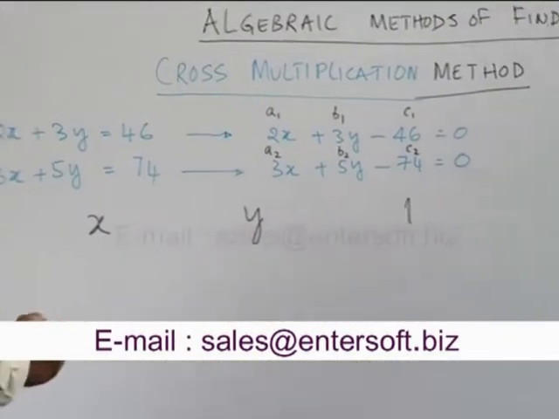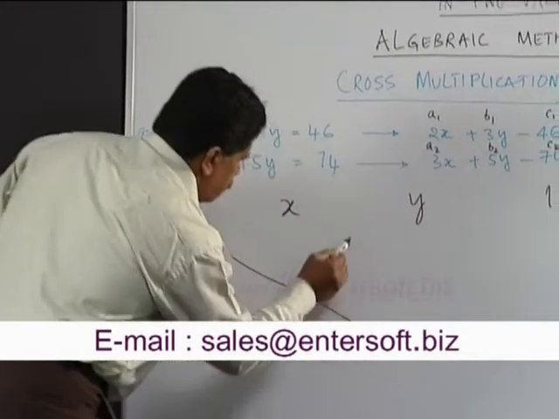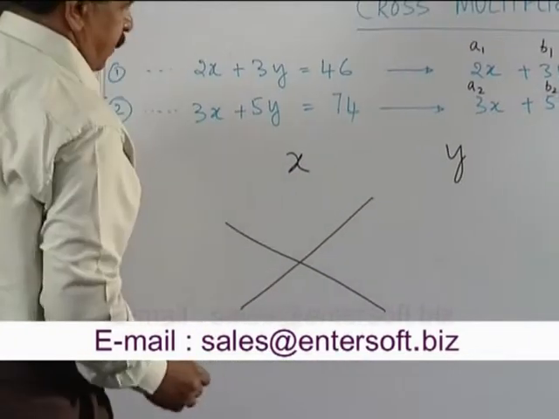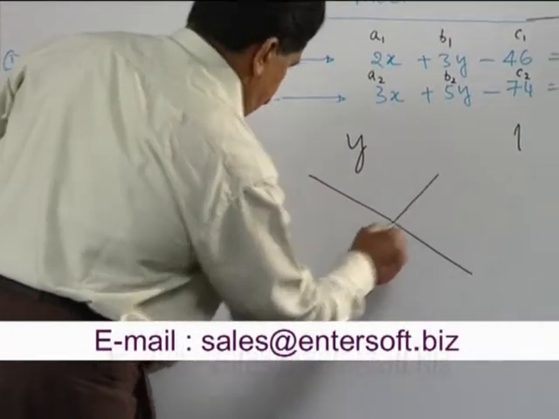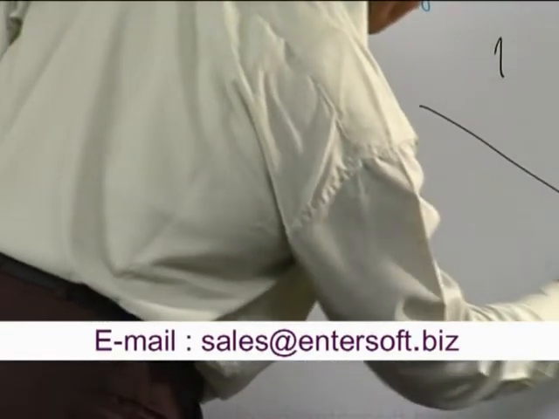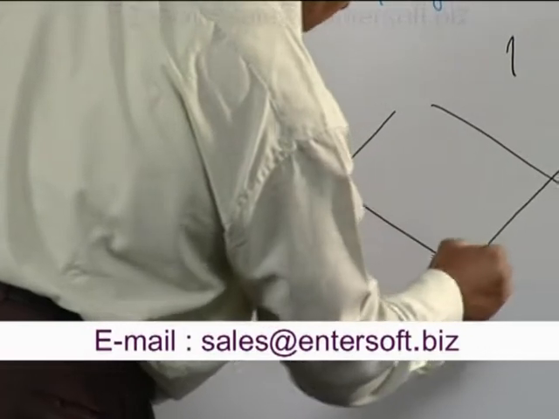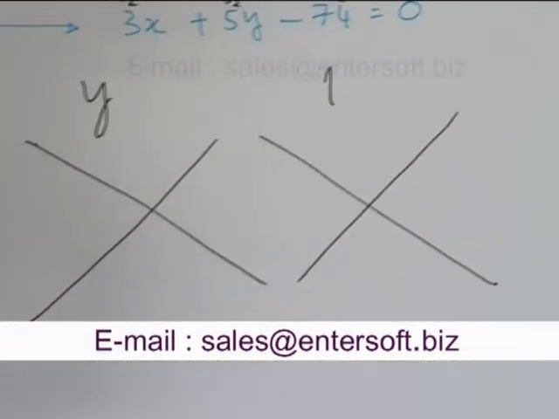Now you draw cross multiplication symbols like this, in all these three cases. Now you draw arrows like this.